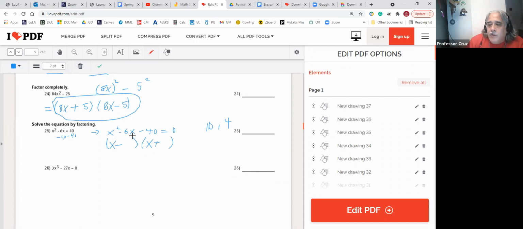And this one, because that number is negative, the larger one's going to go there.